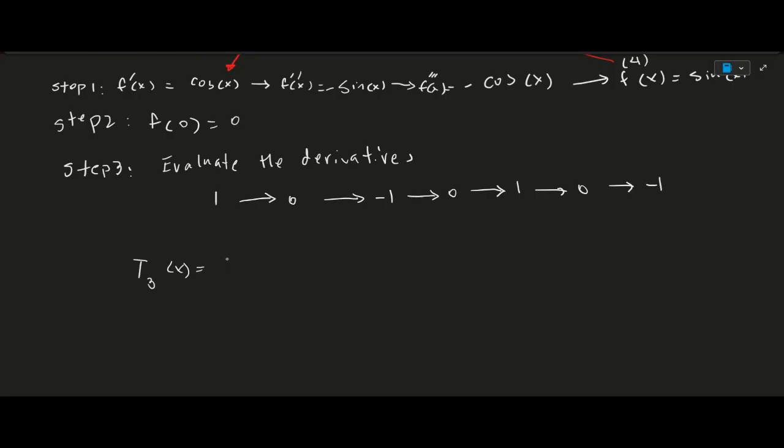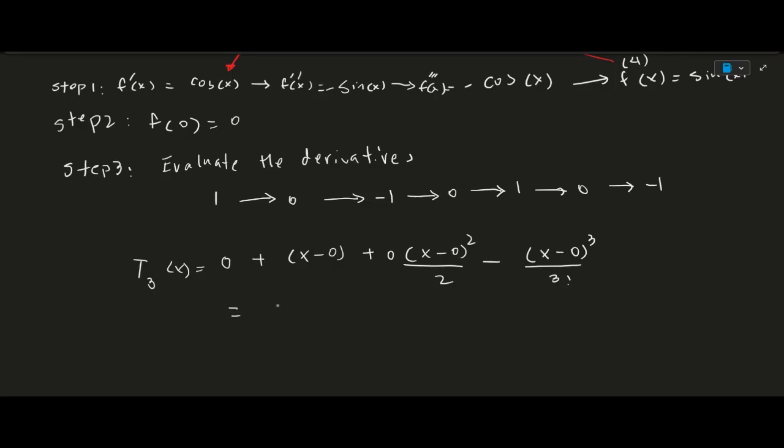The first term is just going to be 0. Then I will have a 1 times x minus 0. And then I will have another 0. Then I will have a negative 1, so it would be negative 1 times x minus 0 to the power 3 over 3 factorial.